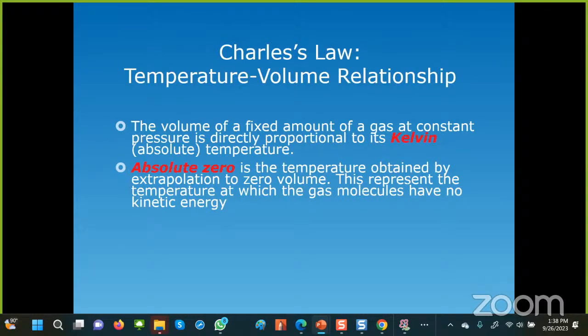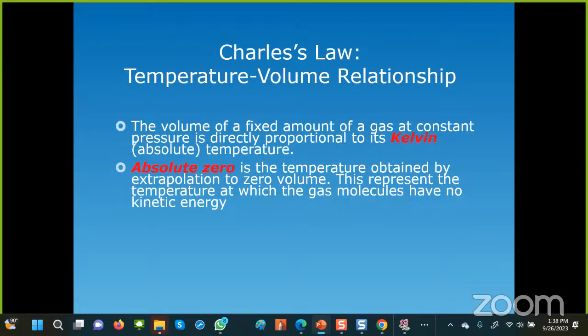So this brings us to the concept of absolute zero, right? And this basically is referring to a theoretical idea where the temperature is so low that the gas molecules will have absolutely no kinetic energy, right? Now, I did not mention this before, but basically, when it comes to particles, there are three types of kinetic energy.